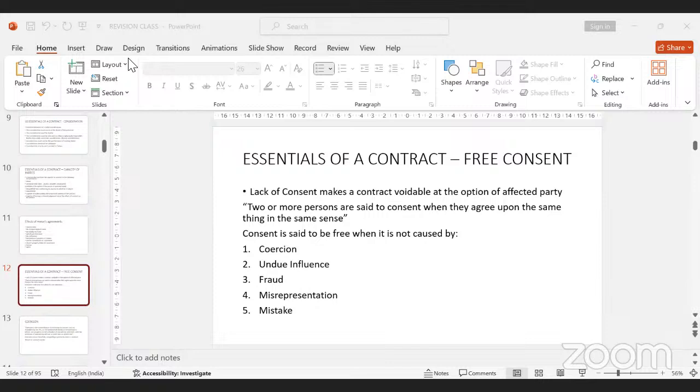Out of fear, if people are accepting, then that is known as coercion.